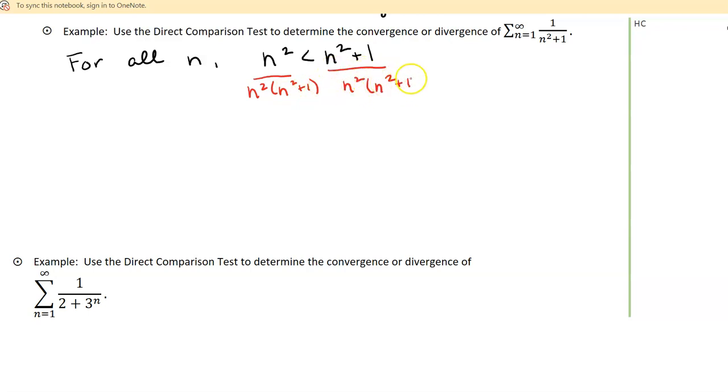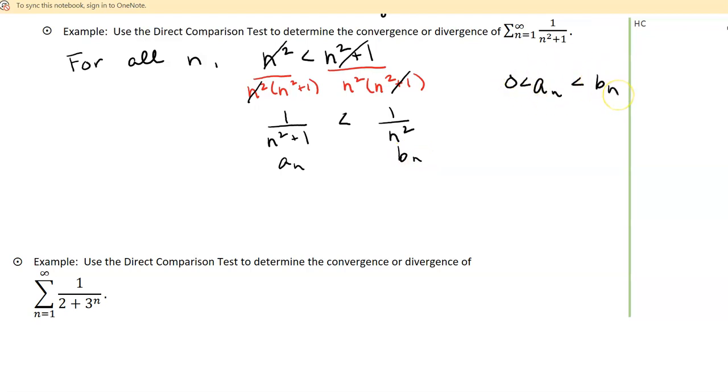And if you do that, you'll notice that n squared and n squared plus 1 are both positive, so we don't have to change the sign of this. But this gives me that 1 over n squared plus 1 is less than 1 over n squared for all n. So if we let this sequence be our a sub n, and we let this sequence be our b sub n, then we have a sub n is greater than 0 and is less than b sub n.